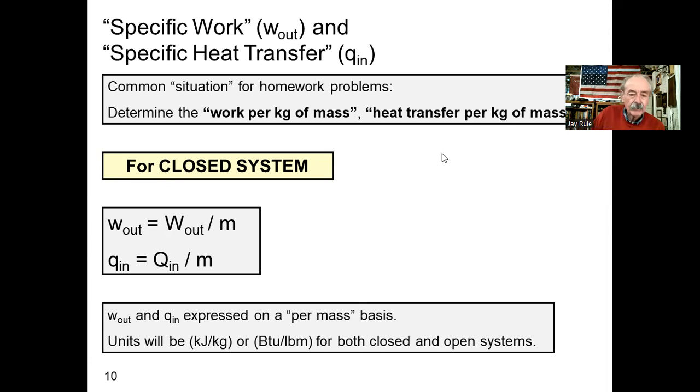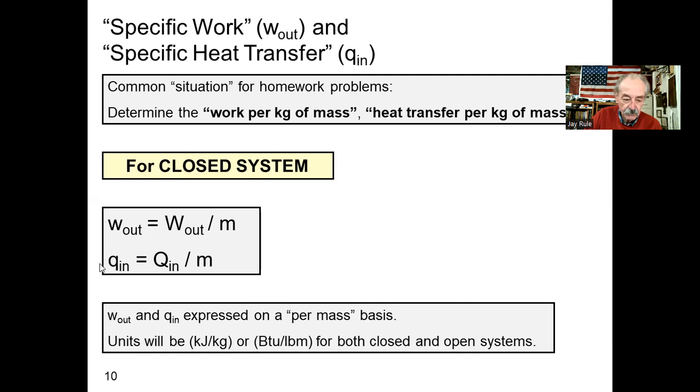That can be very confusing because the way you're learning the first law, Q in minus W out equals delta capital U, you've got to remember it's a little bit of a trick where little w is capital W divided by m. Work per kilogram of mass, kilojoules per kilogram.